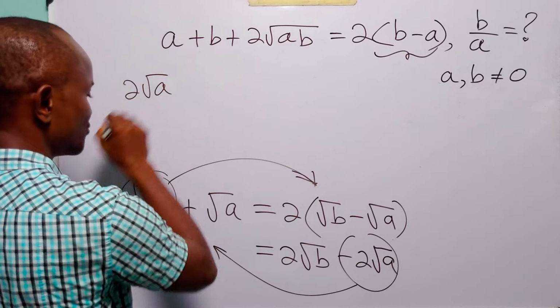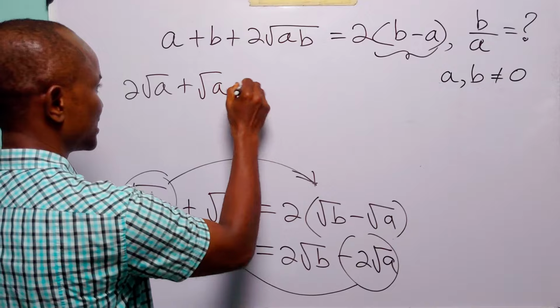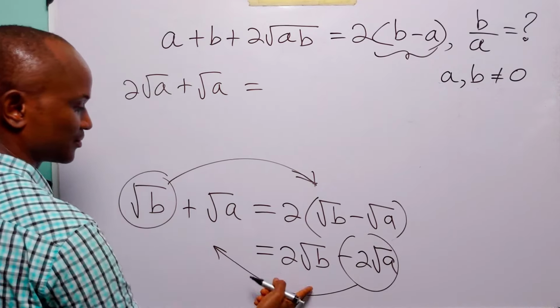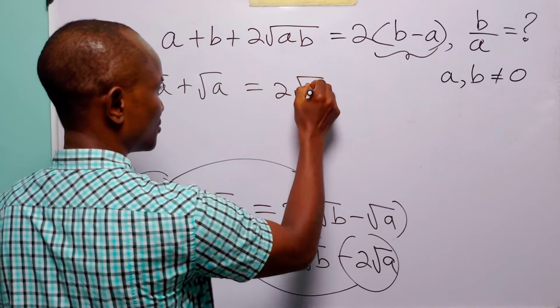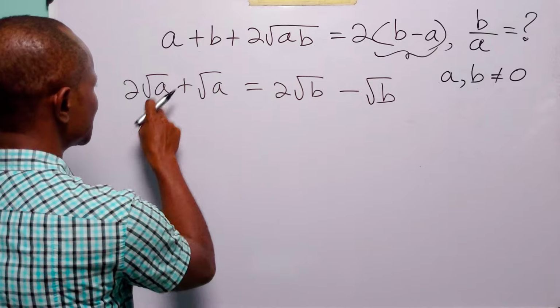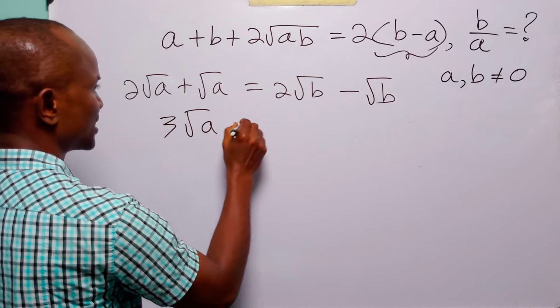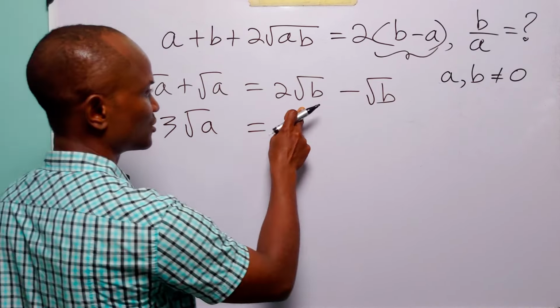When we do that, we have 2 root a plus root a is equal to 2 root b minus root b. 2 root a plus root a is 3 root a, and 2 root b minus root b is equal to root b.